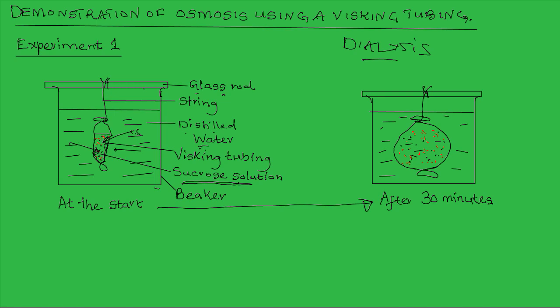So as the water molecules get into the Viscose tubing, they cause the enlargement, because remember, water molecules are particulate matter that occupy space and have volume. So as more and more water molecules get in, the Viscose tubing enlarges. This enlargement is as a result of the influx of water molecules that move by osmosis from the distilled water into the sucrose solution.